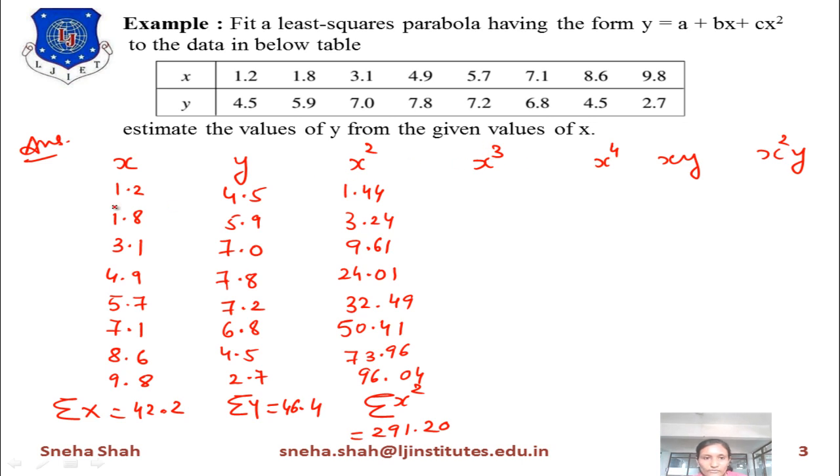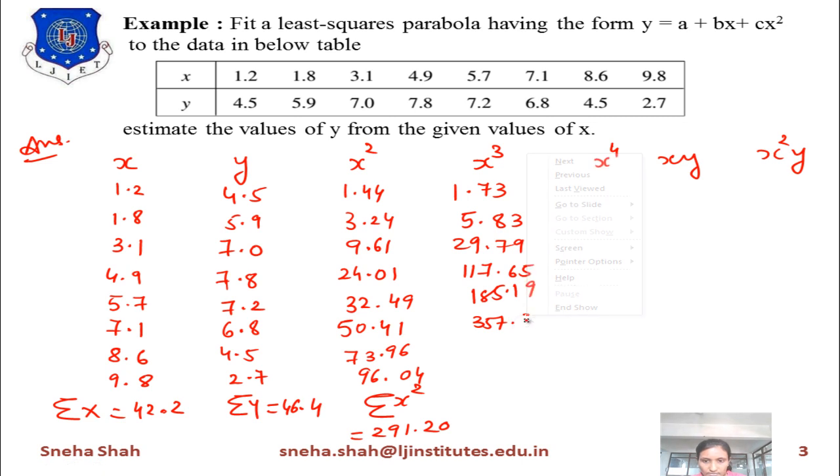Now we have to find out the value of x cube. What is the value of x cube? 1.2 raised to 3 will give you the answer 1.73, 5.83, 29.79, 117.65, 185.19, 357.91, 636.06, 941.19.